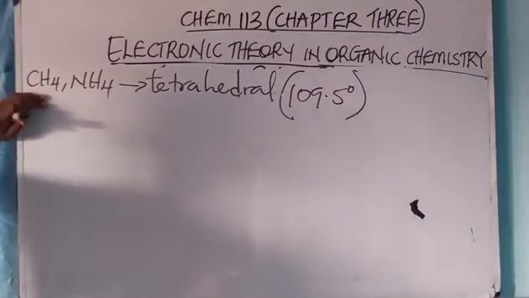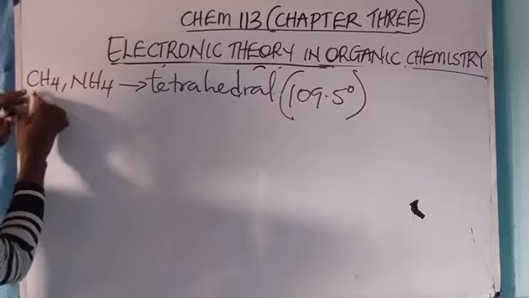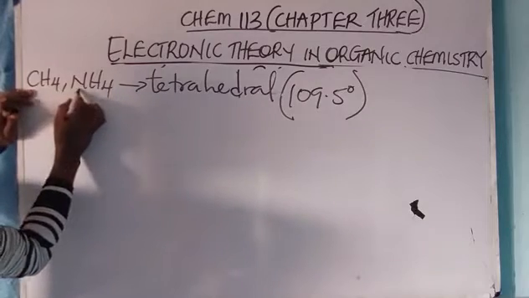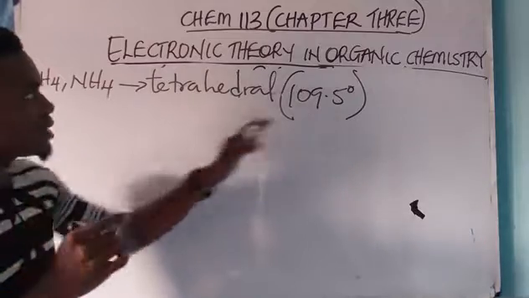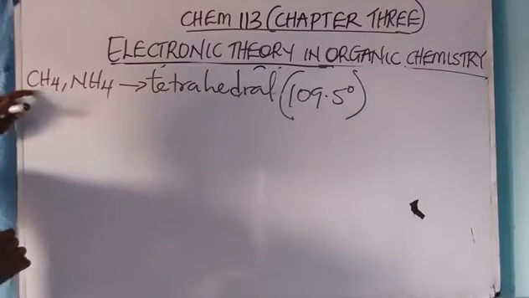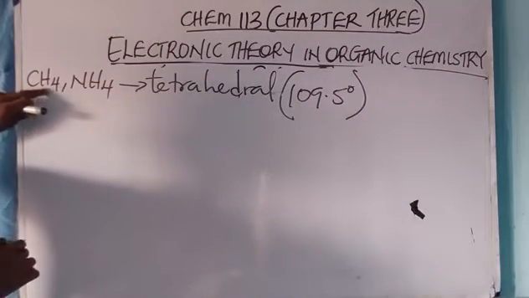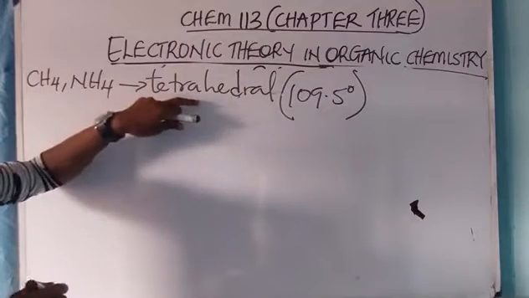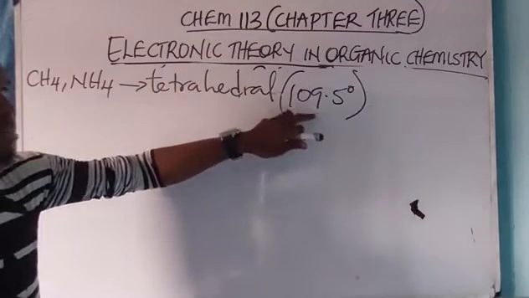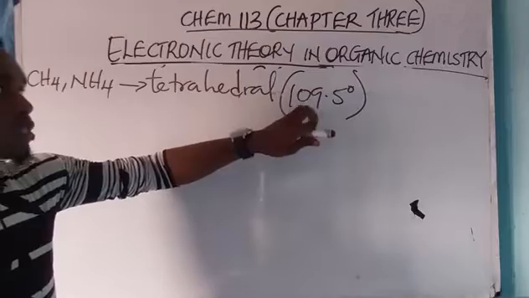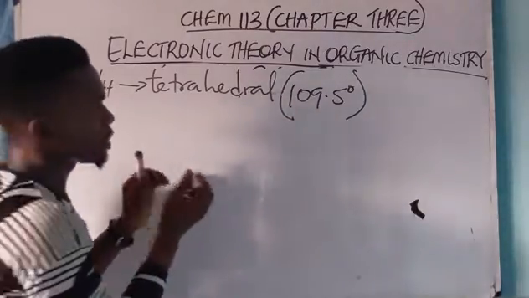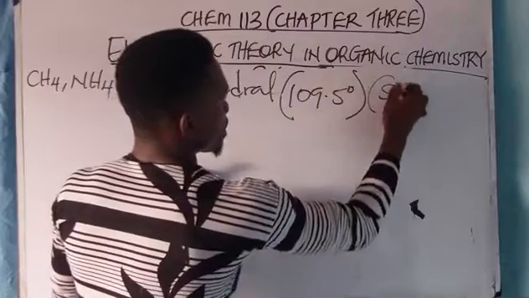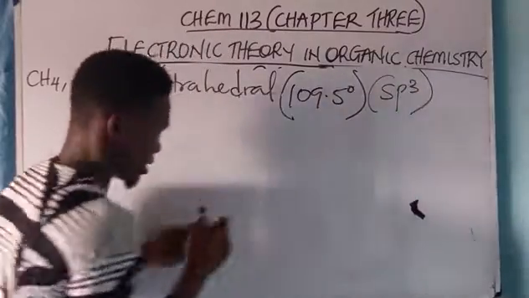Any compound with four outside atoms around the central atom has a tetrahedral structure, which means the carbon atom in methane is tetrahedral in shape with 109.5 degrees as the bond angle. It is sp3 hybridized.